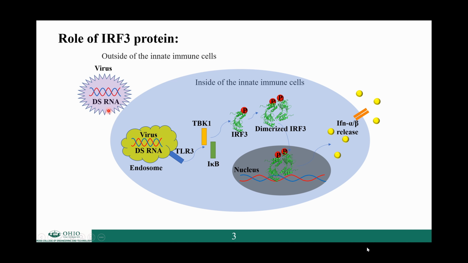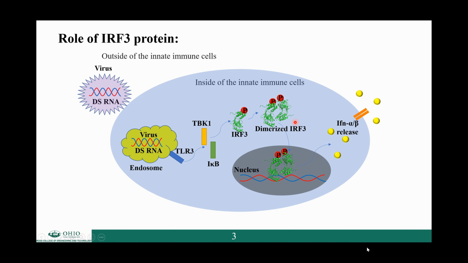When the virus enters the cell, it will be recognized with the help of pattern recognition receptors, in this case toll-like receptor 3, which, once activated, releases a cascade of signals to activate the single chain of IRF3 by phosphorylating it. The phosphorylated IRF3 gets dimerized and translocates to the nucleus of the cell and releases a signal of interferon alpha and beta to inform other cells about this invasion.